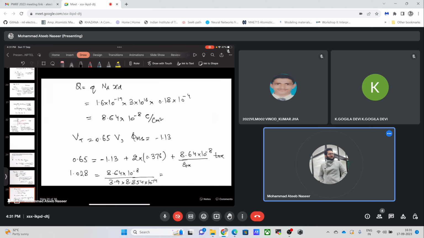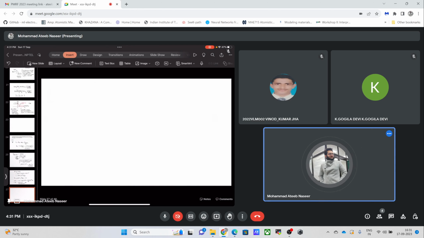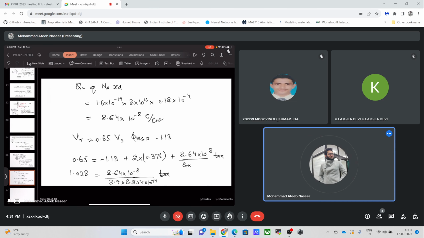Okay, so let us basically add another slide for this. So Tox is 1.025 into 3.9 into 8.854 divided by 8.64, which is 4.11 into 10 raised to the power of minus 6 centimeter.